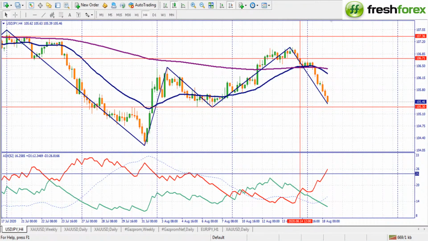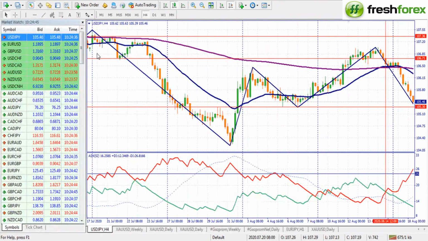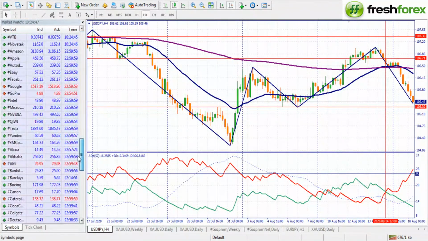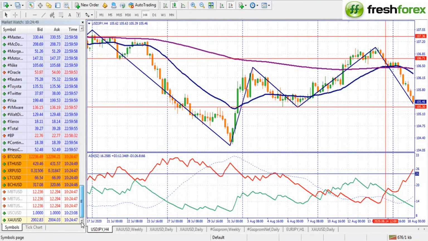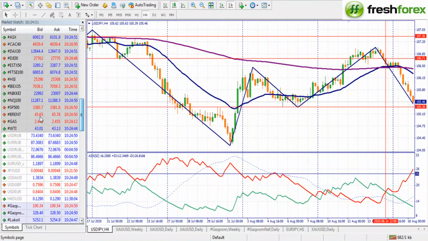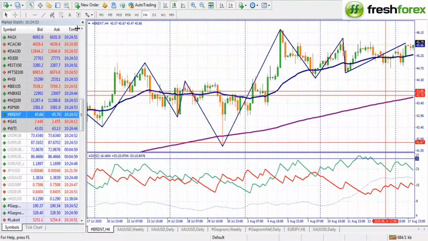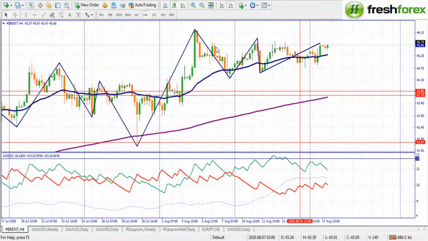So the next chart we want to look at is Brent oil. From what we said yesterday, the price was within some shape. We are within a contracting wedge formation.